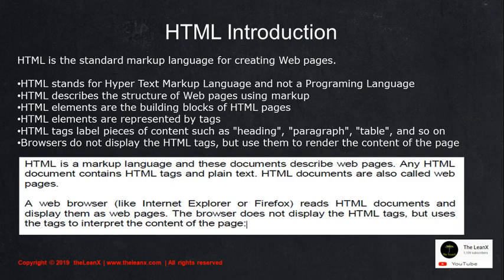JavaScript is not just a client side scripting language, because nowadays it has evolved, and you can use different databases, so you can use it as a server side scripting language.